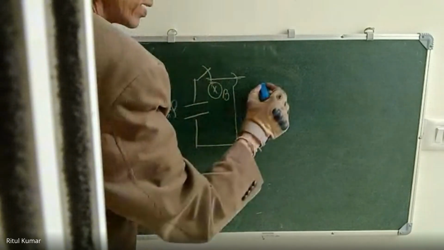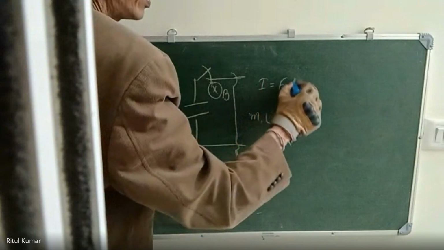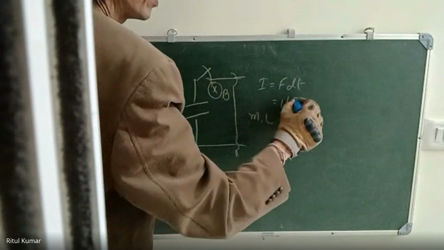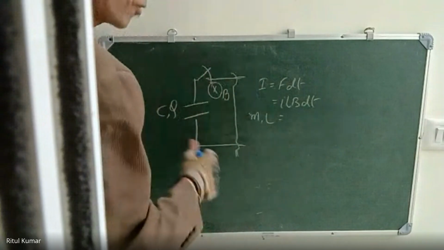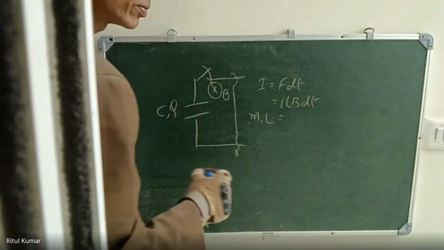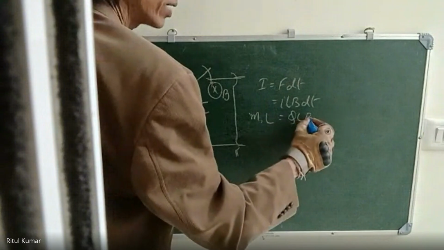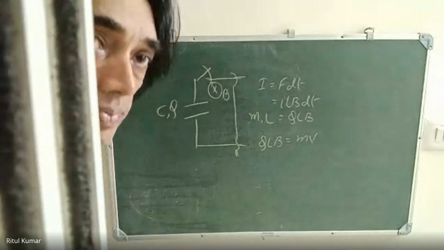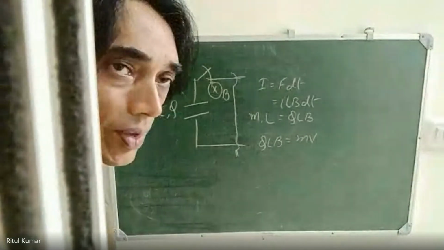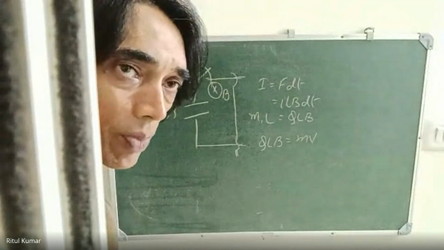What happened, class? Impulse is F dt, that is I L B dt, I dt. Immediately there will be a flow of charge through it, no R. So the impulse is Q L B. That impulse is applied in no time.